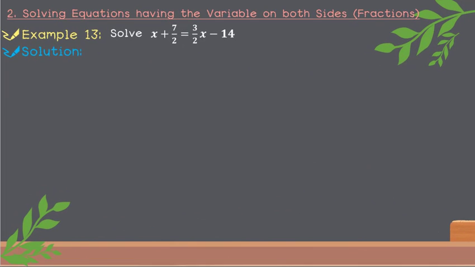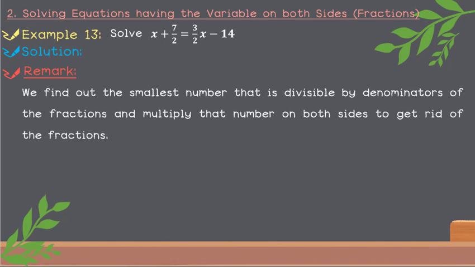Please write it down. Remark: we find the smallest number that is divisible by the denominators of the fractions and multiply that number on both sides to get rid of the fractions.